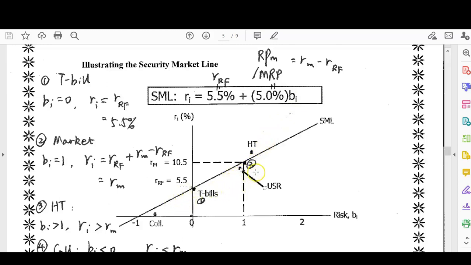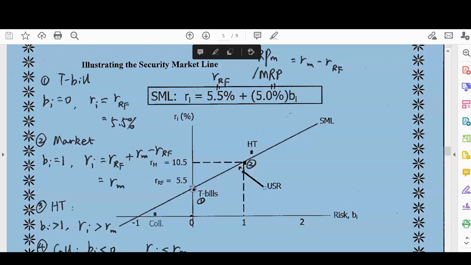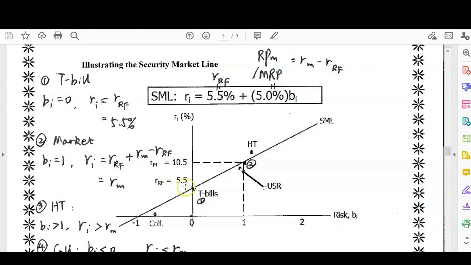We can see here we have different assets we mark along the line. The first case is treasury bill. Because beta is 0, Ri equals risk-free rate. It is always 5.5%. So this is the intercept of SML with the y-axis. When beta is 0, we have this point here that Ri equals Rrf, 5.5%, for treasury bill.